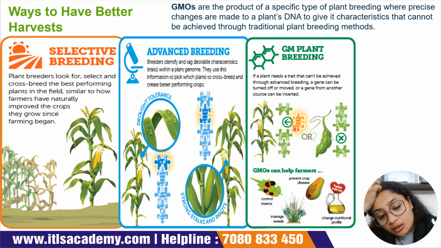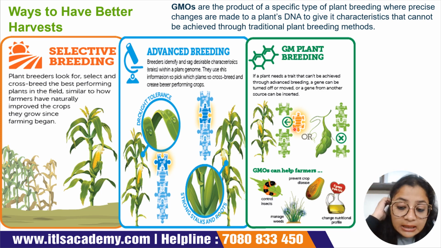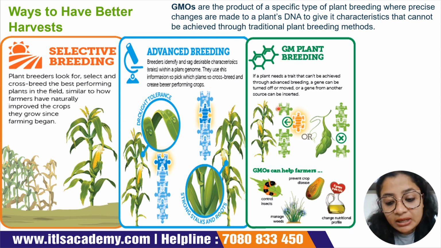Exactly what we talked about in the previous session about meristem cloning and plant cloning, etc. So if we see that we cannot achieve the target by either selective breeding or advanced breeding, then we will go for GM plant breeding, where we will either silence a gene, move it away from the plant, or add some extra gene into the plant from any other plant or from any other source.